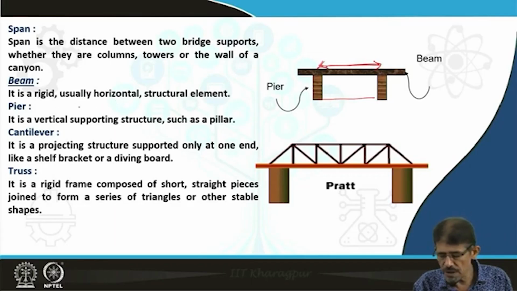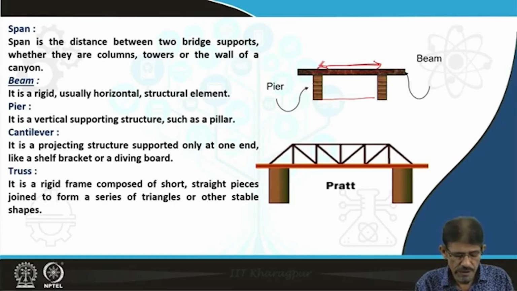Beam: it is a rigid iron plate or concrete structure in the form of a beam, utilized for connecting two terminals of an obstacle like a river, a nala, or ponds.